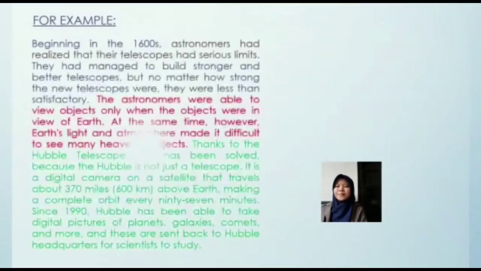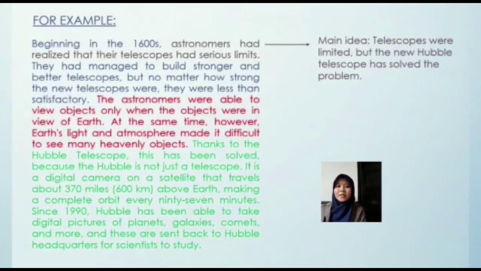For example, beginning in the 1600s, astronomers had realized that their telescopes had serious limits. This brown sentence explains the main idea. Telescopes were limited, but the new Hubble telescope has solved the problem.